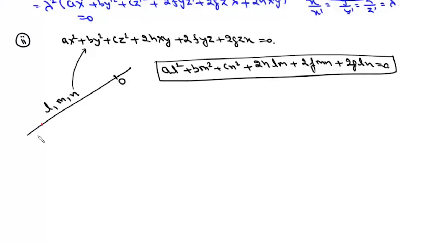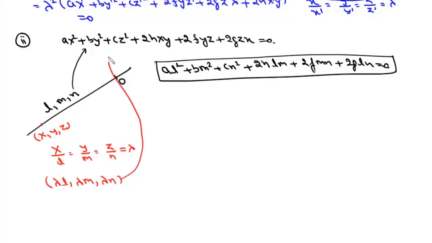Now if we take a point on this generator, say x, y and z, then we can write this equation as x upon l, y upon m and z upon n, and let it be equal to lambda. We can write the coordinates of this point as lambda l, lambda m and lambda n. Now this point lies on this cone, so it'll satisfy its equation.